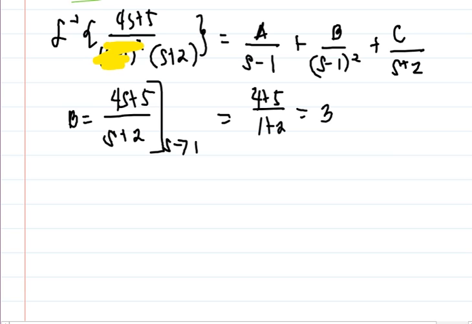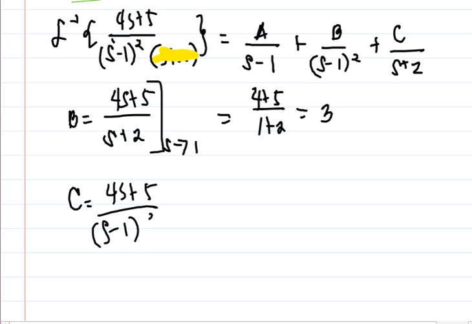Okay? Next, if we cover the factor s plus 2, what remains is this, and this is equal to C. So that is equal to 4s plus 5 all over (s minus 1) squared, then substitute the value, which is negative 2.